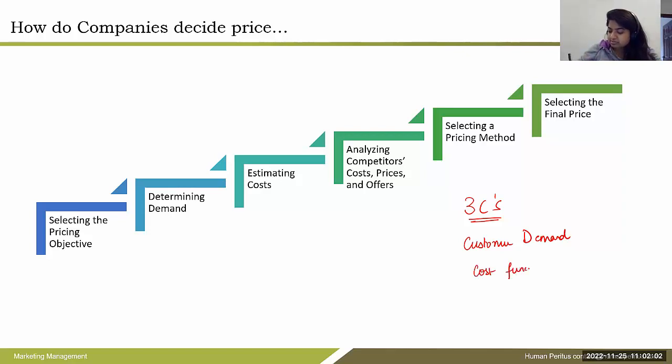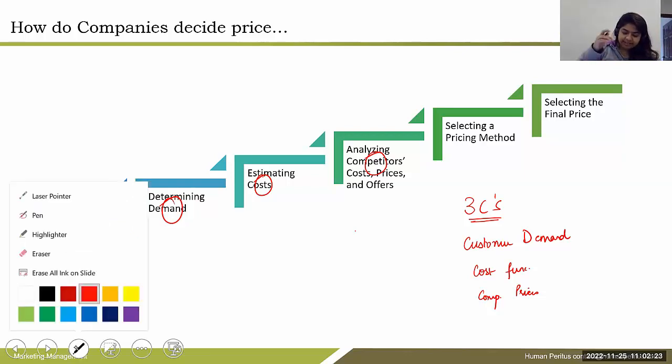How much money are you using to make that product, depending on that cost? And the third is the competitor's price, or the competition, you can call it. So this demand, this cost, and then the competitor's price. This is called the 3 C's model of determining a price. But we'll see all these steps and we'll decide.